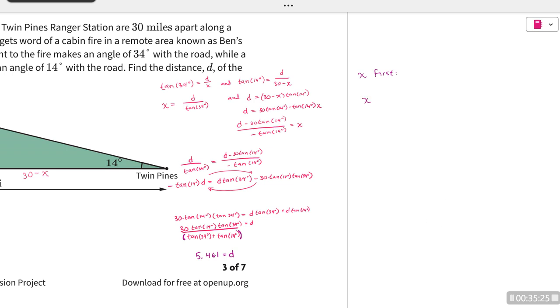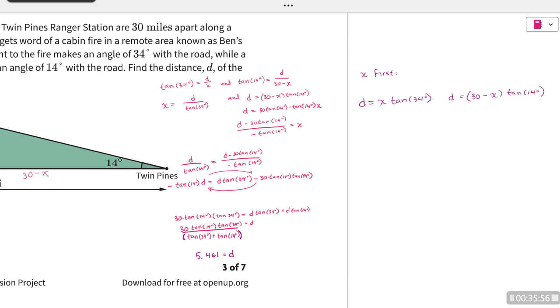So we're isolating d first, then solving for x. So d equals x tan of 34. And on this side, we get d equals 30 minus x times tan of 14.